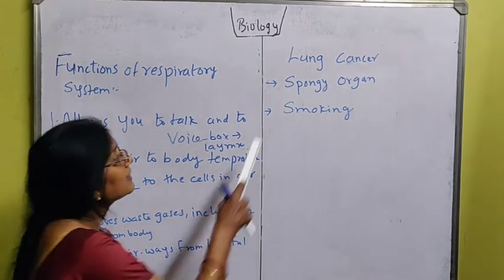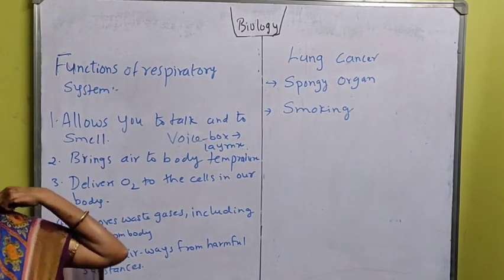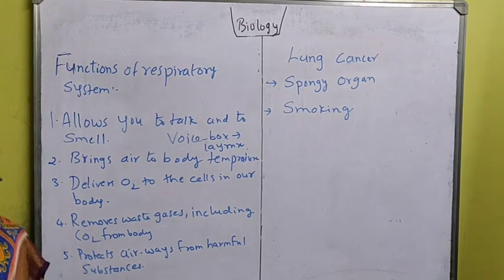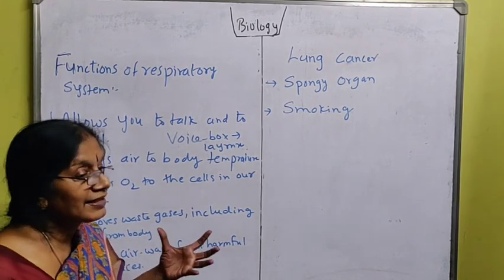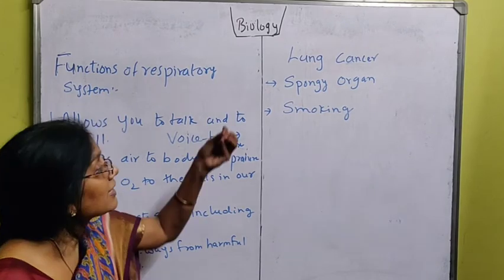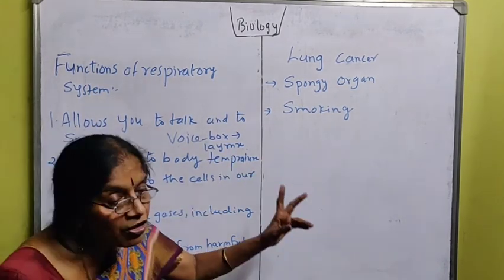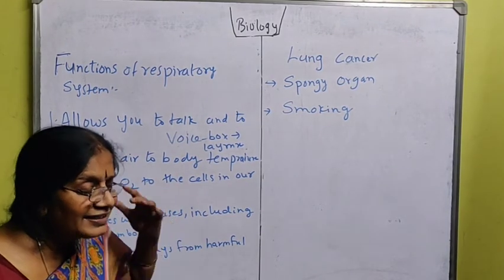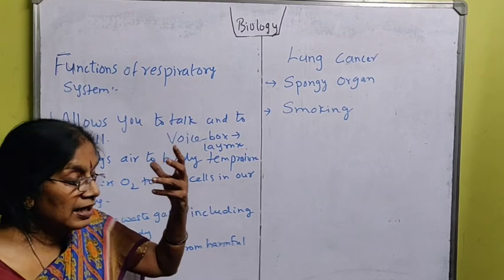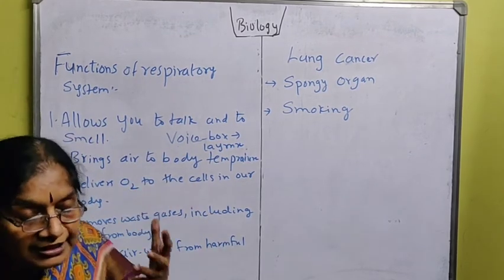Now let us see one more topic which is called lung cancer. Nowadays, in the world, lung cancer is a very important disease. Many people are suffering from lung cancer. Our lung is a spongy organ, and inside the lung, the bronchioles and alveoli are there.